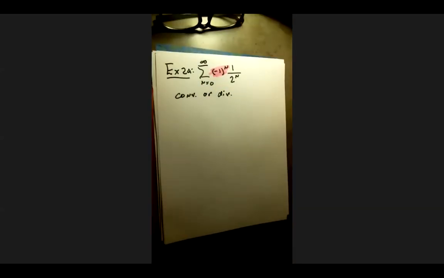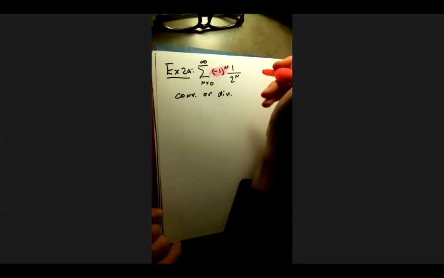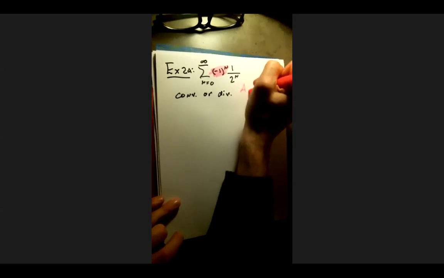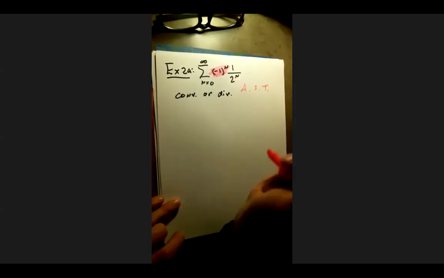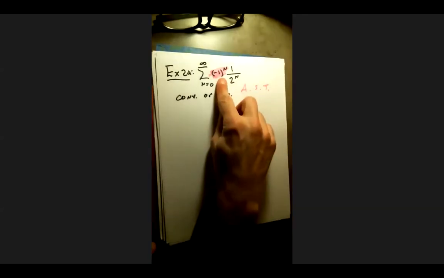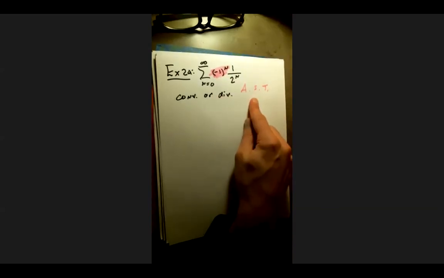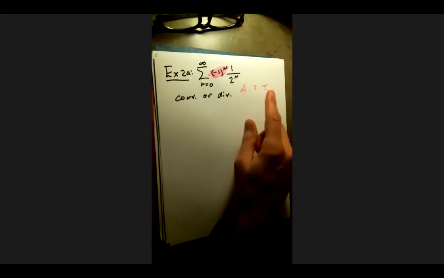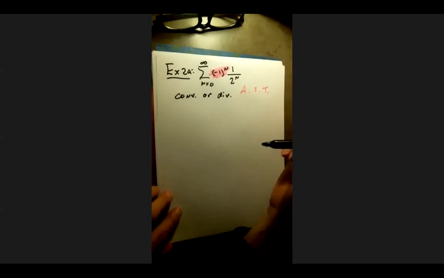As soon as you have that (-1)^n, you should think, let's try the alternating series test. It's a go-to, easy to recognize characteristic of a series that should be an immediate tip-off to at least consider the alternating series test. Although you were also correct, Damon.